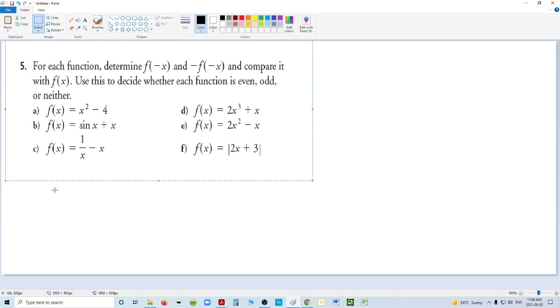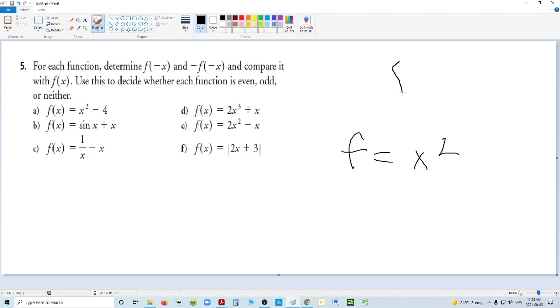Calculate and compare. Okay, so here's how you figure out if the function is odd or even. Let's say you have this. If I replace x with minus x, and I get the same equation when I'm done, it is even.